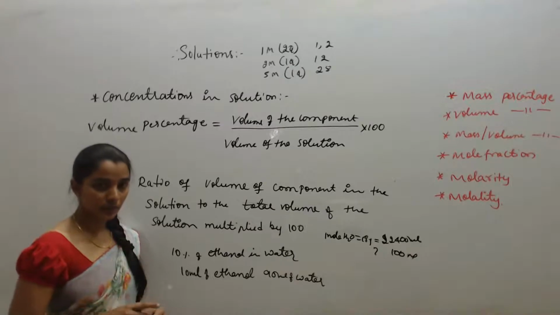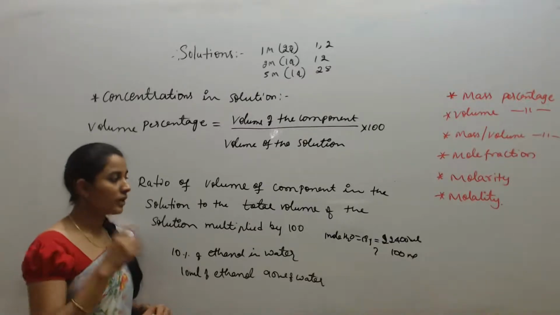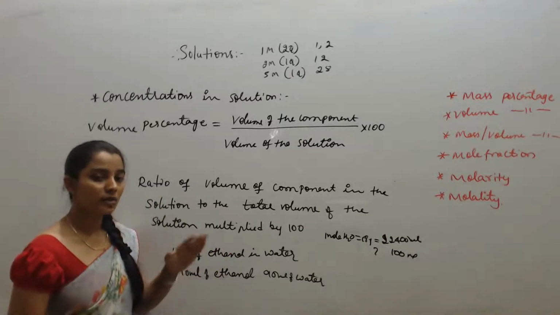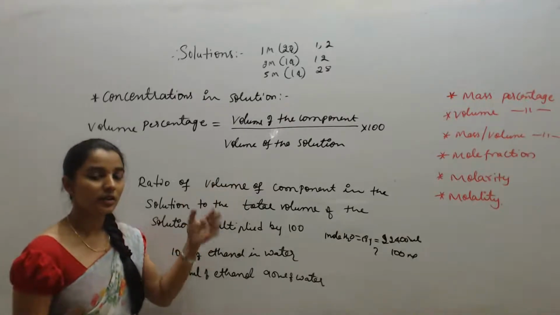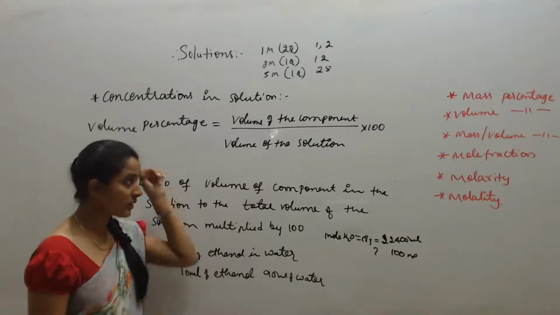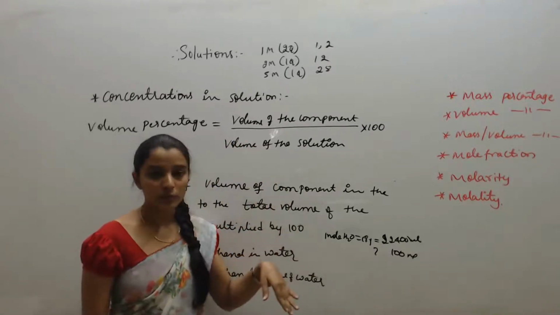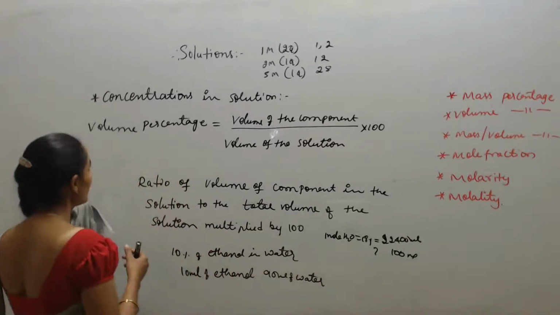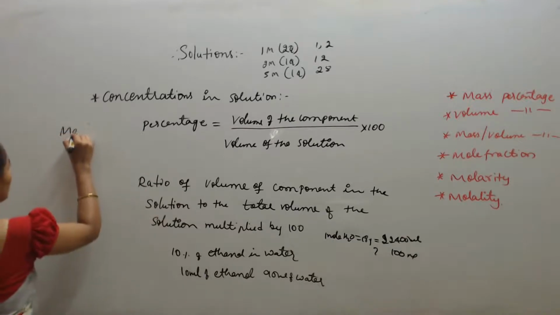They cannot be measured by measuring cylinders; they are simply weighed on a weighing balance, in gram, kg, milligram, like that. So that's why for solids we use mass percentage. For liquids we use volume percentage. If the solute is a solid and the solvent is a liquid, then we use mass volume percentage.